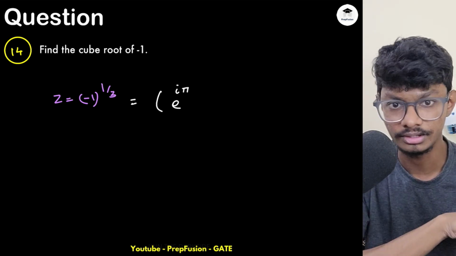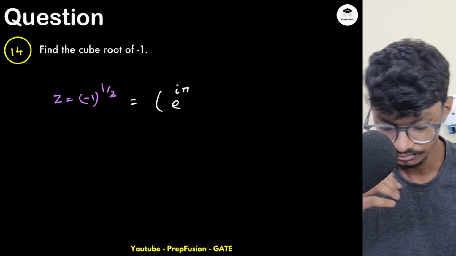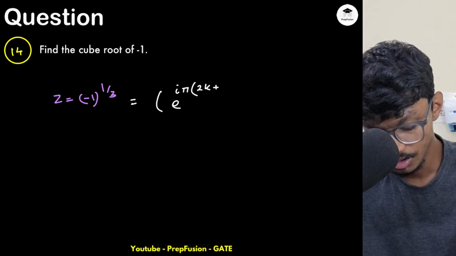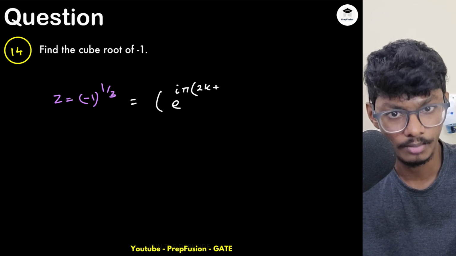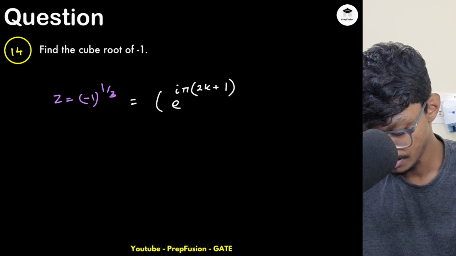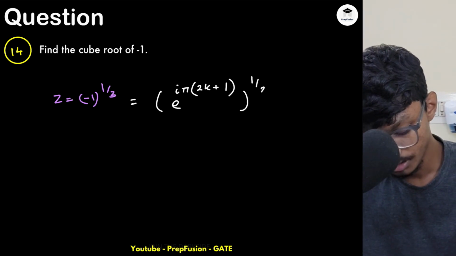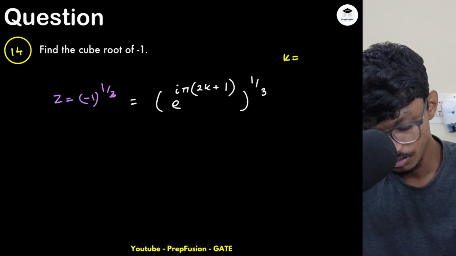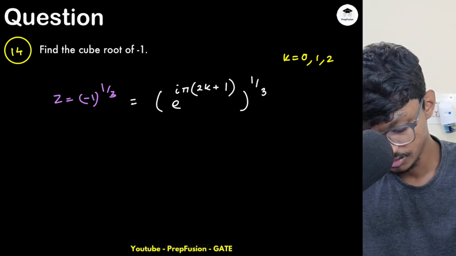You can put it in a calculator: cos of 5 pi plus i sine of 5 pi, you will get minus 1. So how can I represent this here? It will be an odd multiple of pi. An odd multiple we represent as 2k plus 1, where k is any integer. I'm taking the cube root, so I will take only values of k equals 0, 1 and 2, which are 3 values of k.